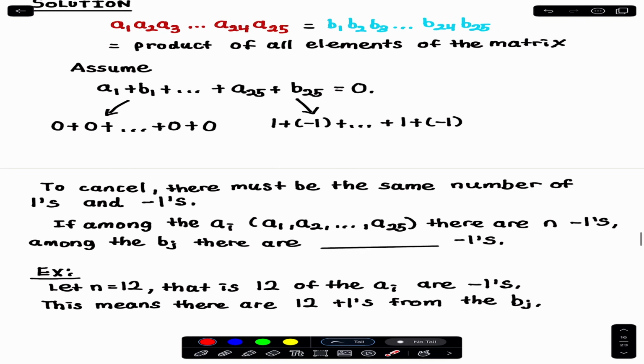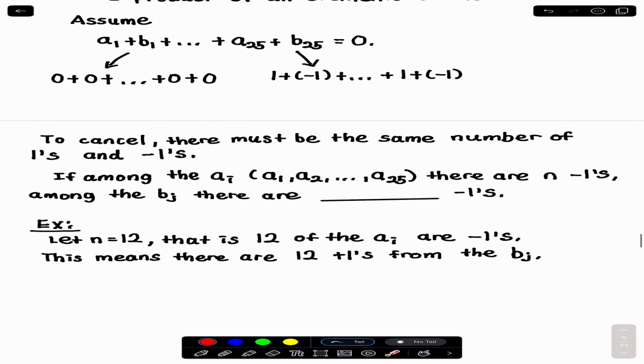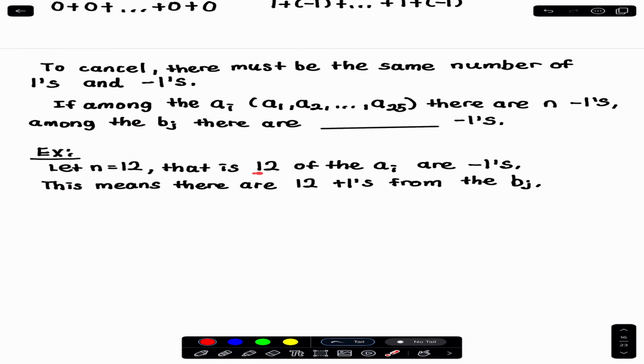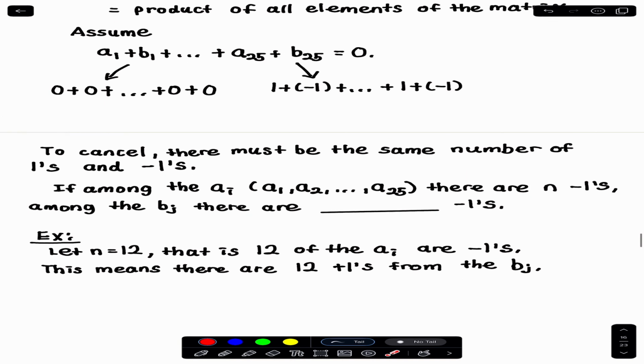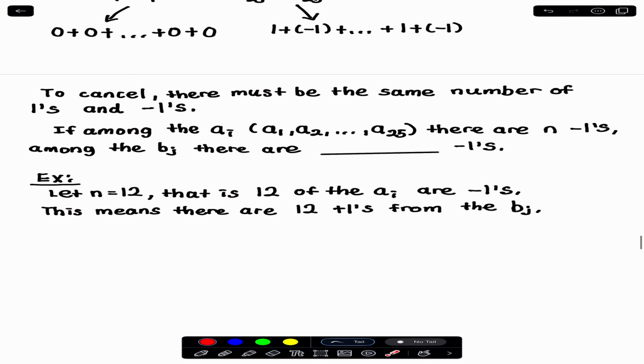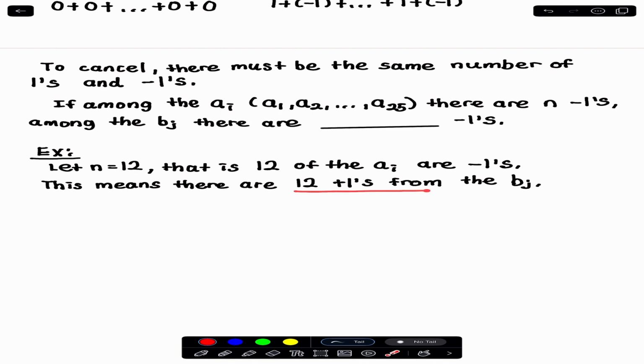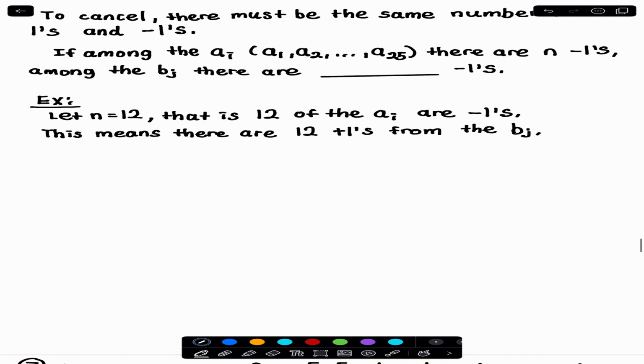And this goes back to the concept over here. I always want you to think about this: if you have a positive one, to cancel, you're going to need a corresponding negative one. So if we have 12 negative ones here, remember, every element is either negative 1 or 1. There's nothing else we can have. So if 12 negative ones from the Ai, then we're going to need 12 positive ones from the Bj to cancel them.